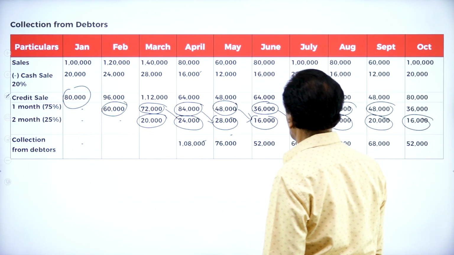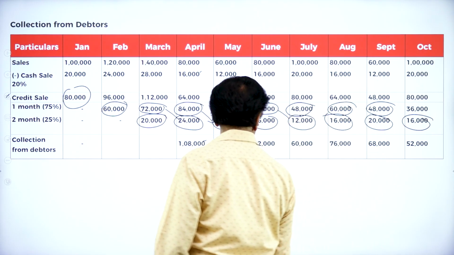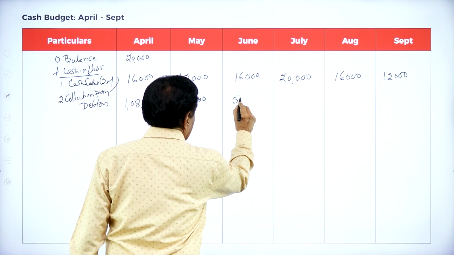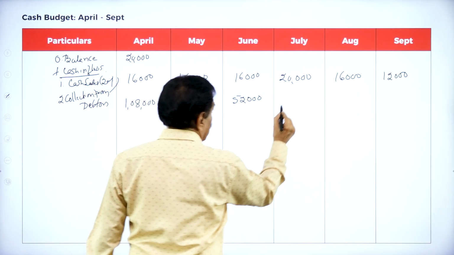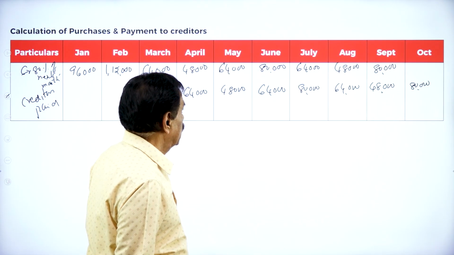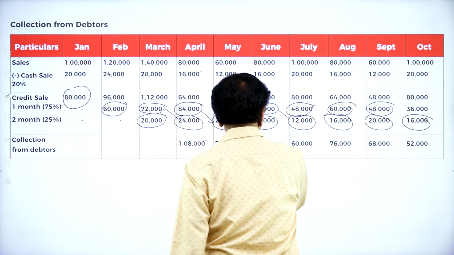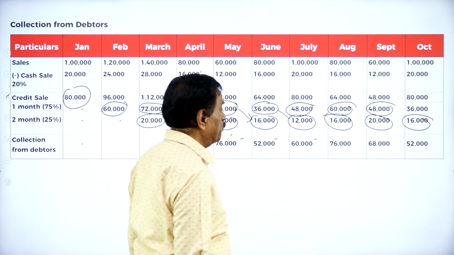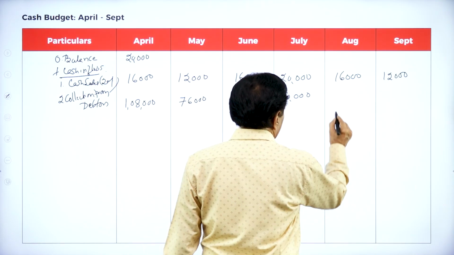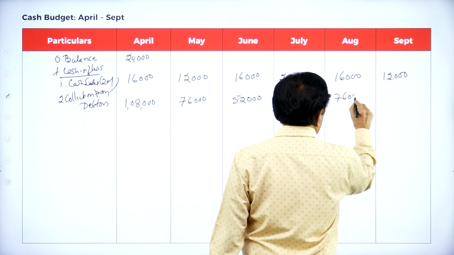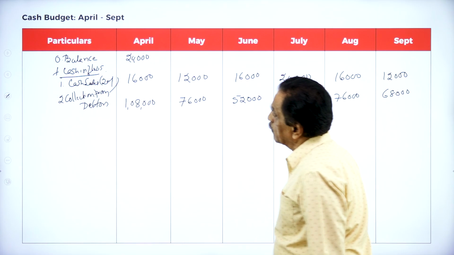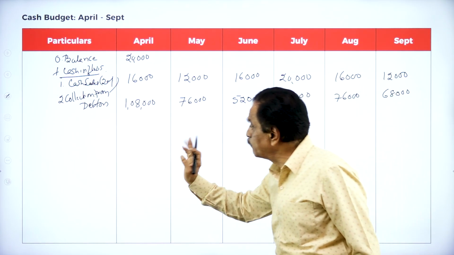May over, June 52,000, July 60,000, 52,000, 60,000. July over, August, September: 76,000, 68,000. Then, these are collection from debtor.